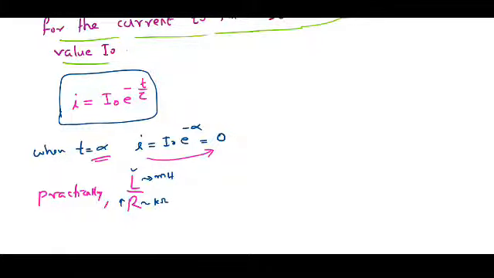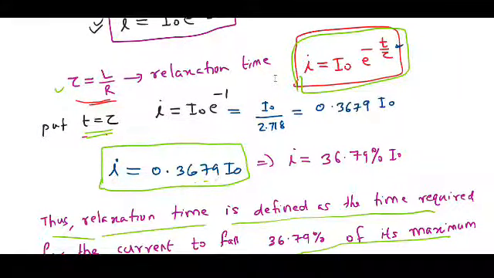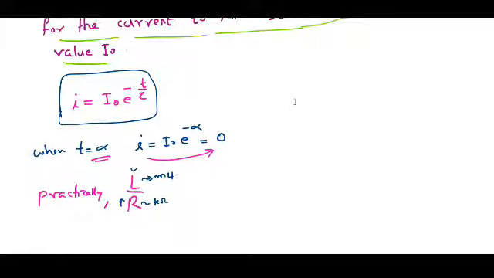Therefore, this quantity L by R, defined as the relaxation time, will be smaller. So the tau will be smaller.